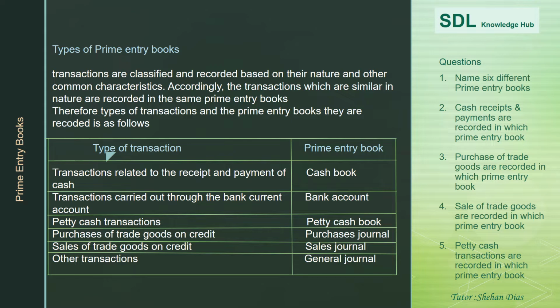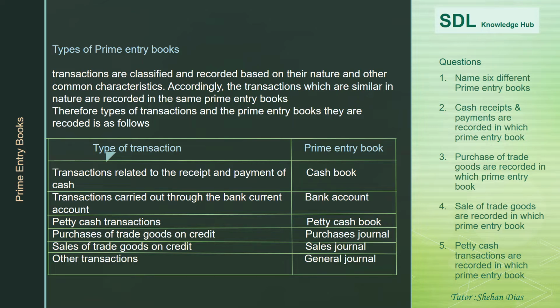record. Transactions related to receipt and payment of cash are recorded in the cash book. Transactions carried out through the bank account are recorded in the prime entry book of the bank account. Then petty cash transactions are recorded in the prime entry book called the petty cash book.